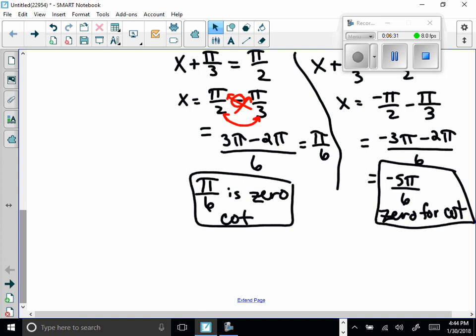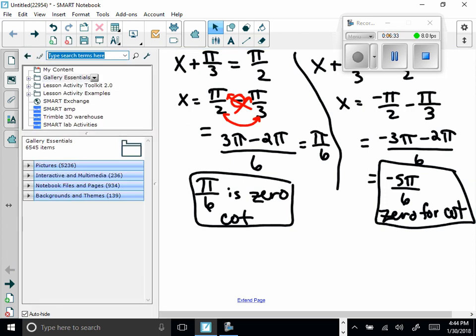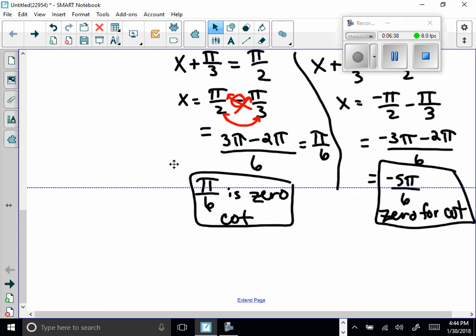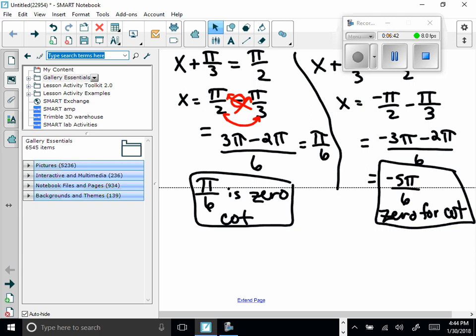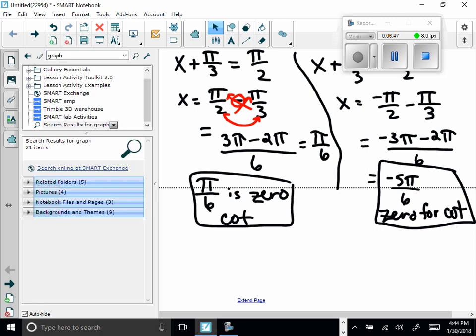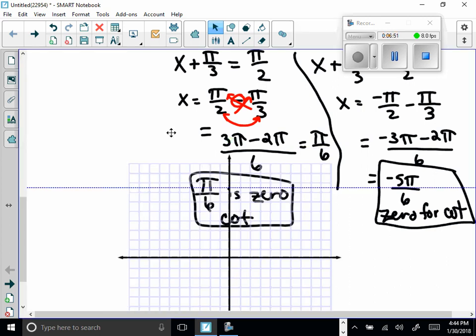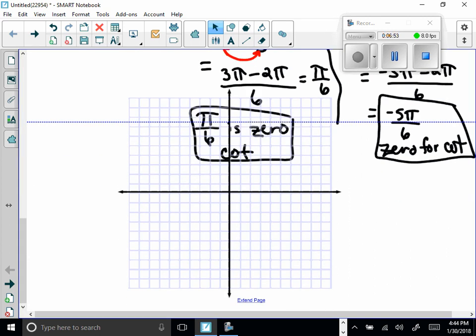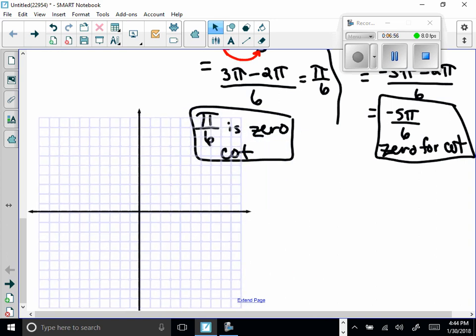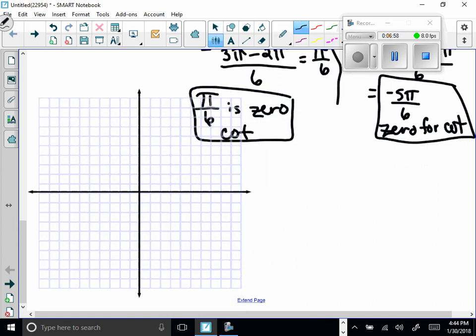So when I go to graph this, let me get a graph. I'm going to bring it over here a little bit. And I know that I'm going to have asymptotes.